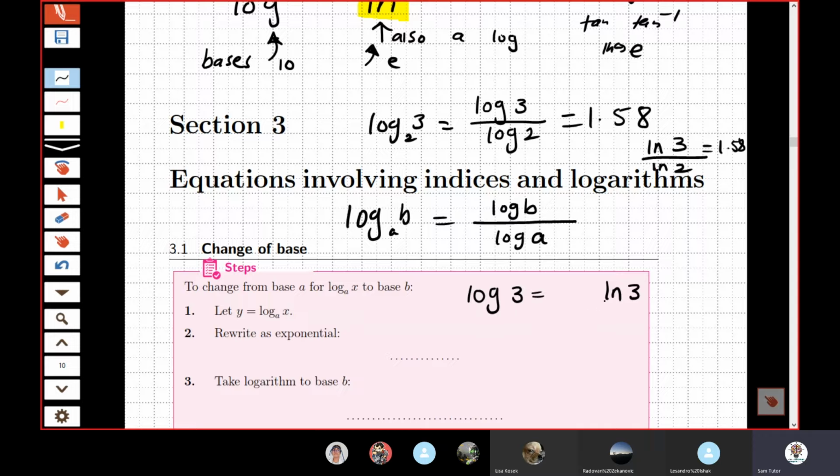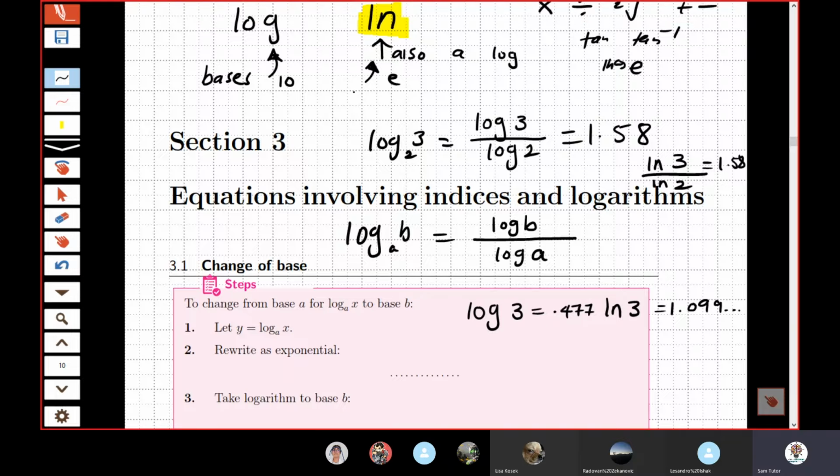And they don't give you the same answer. Cool. Now the reason why they don't give you the same answer is because obviously the bases are different.